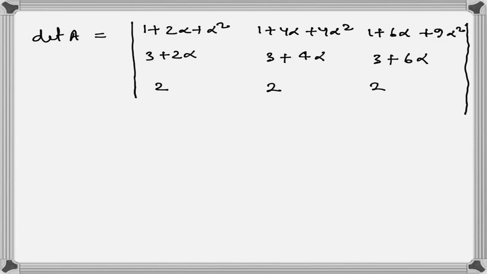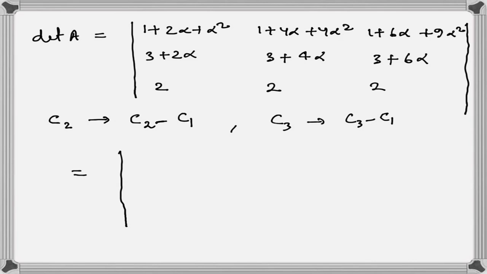Can we further simplify this? Yes, we can. Now we'll do some column operations: C2 goes to C2 minus C1, and C3 goes to C3 minus C1. The determinant value doesn't change. There is no change in the first column: 1 plus 2 alpha plus alpha square, 3 plus 2 alpha, 2.